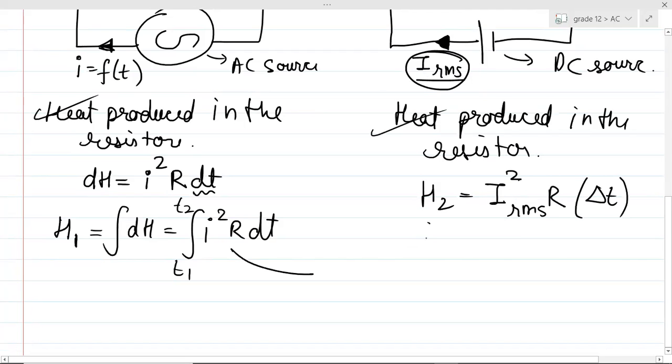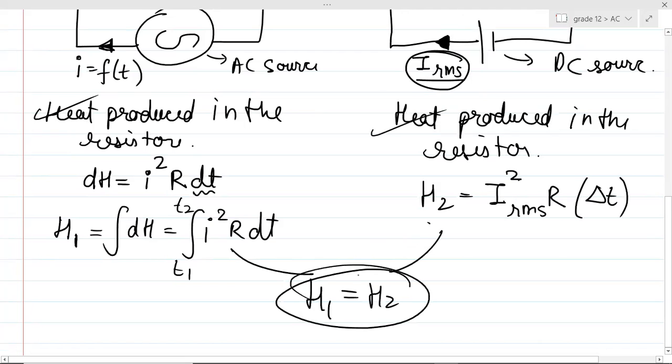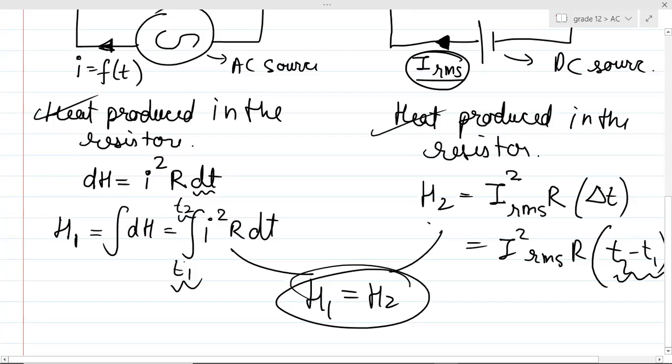So please remember, this H1 and this H2 should be equal, in the same time interval t2 minus t1. Can you see the time interval is also the same?